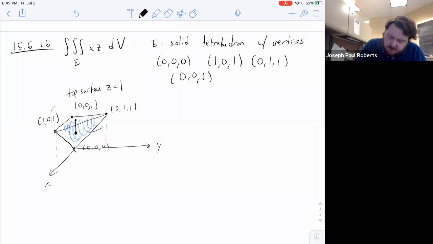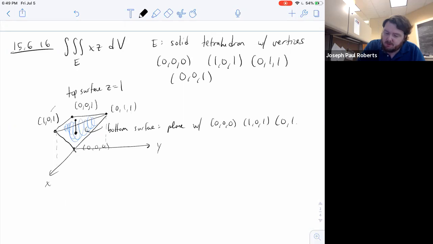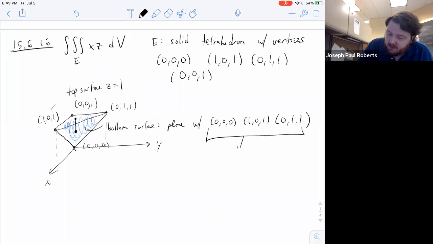And then the bottom surface, if you put it together, is the plane containing 0, 0, 0, 1, 0, 1, and 0, 1, 1. So we have to find the equation of that plane.